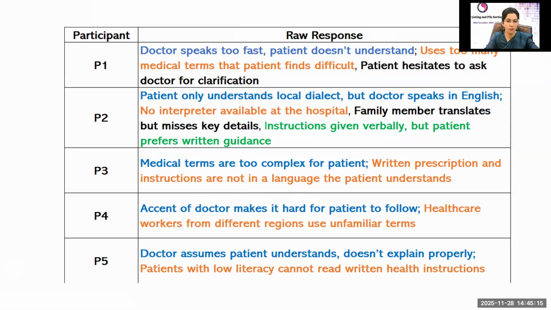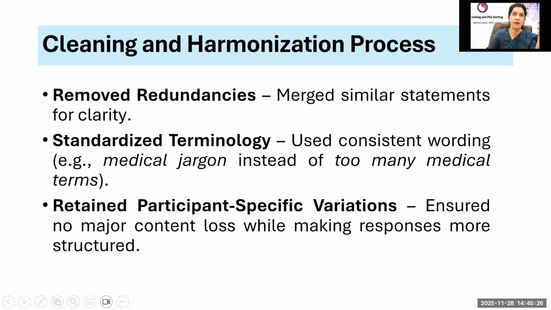So now what is the next step? This is the first step. The next step is the cleaning and harmonization process. What is that basically? Here I will remove the redundant words. That means any words or statements that are very similar, I will merge the similar statements for clarity, and I will use some standardized terminology, and I will retain the participants' terms.